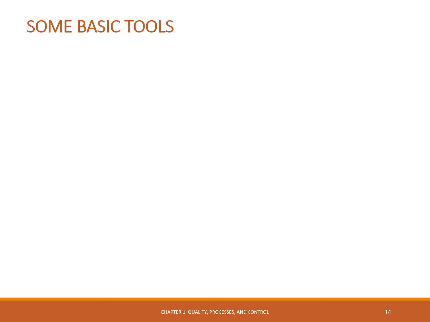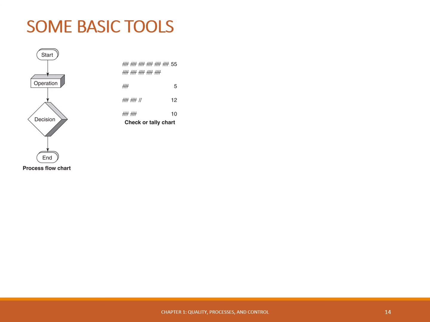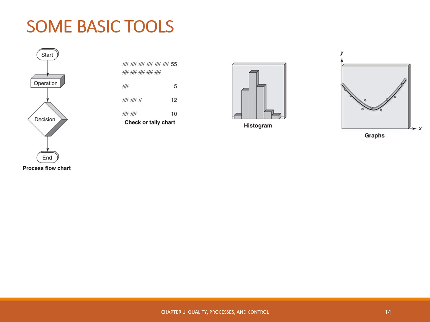Some of the most used charts in SPC are the process flow chart, which is useful to give us a clear understanding on how the process is done. We have the check or tally chart, which can be used, for example, to count the frequency of defective parts in a specific process. We also have histograms, which provide a good visual representation of variations occurring in a process.